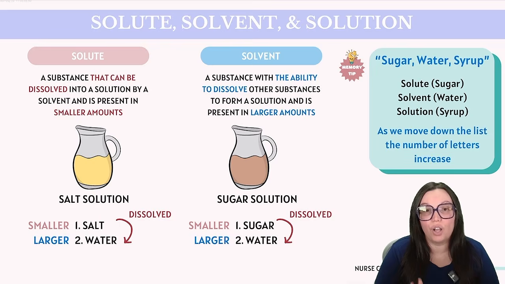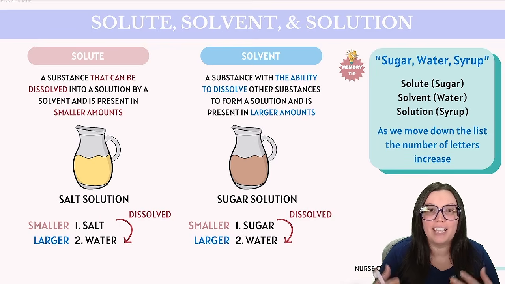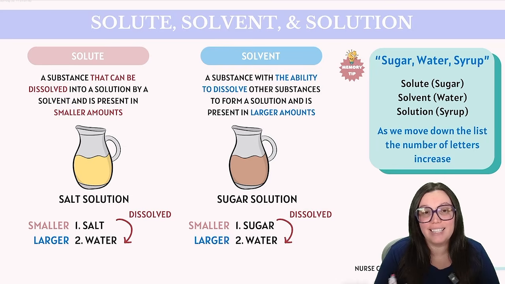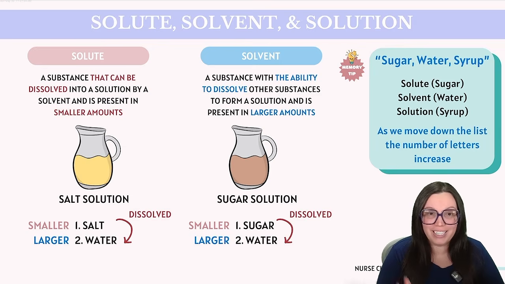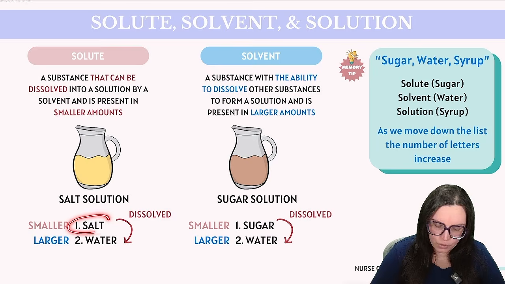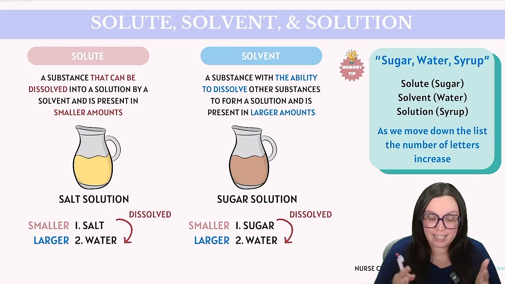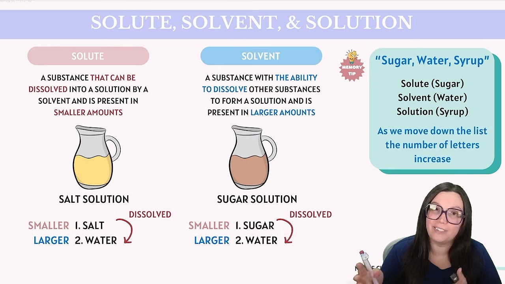Let's delve into solutes and solvents by examining a salt solution and a sugar solution. In both cases, these solutions consist of two components: salt and water in the salt solution, and sugar and water in the sugar solution. As we discussed before, both salt and sugar can be dissolved in water and are present in smaller quantities compared to the water itself.